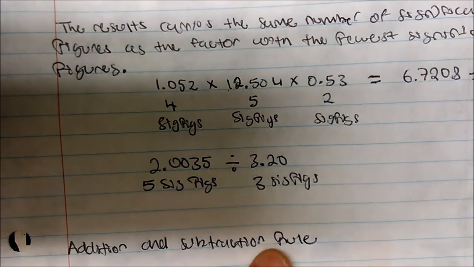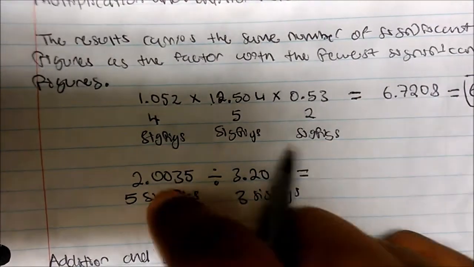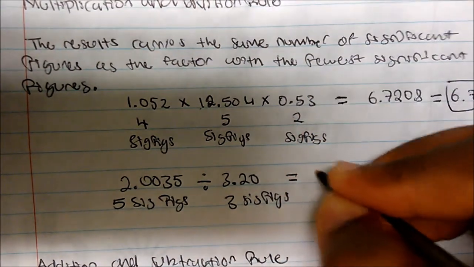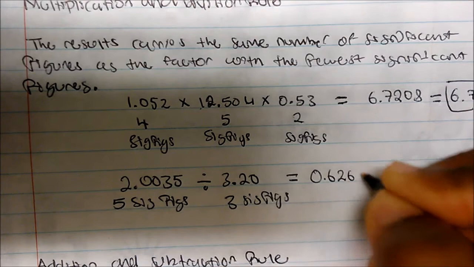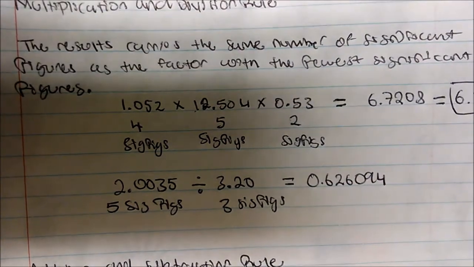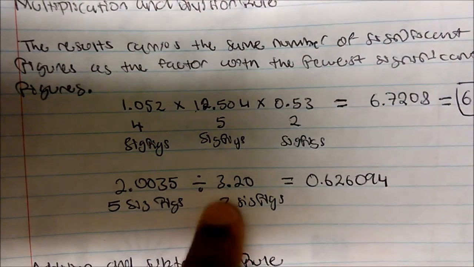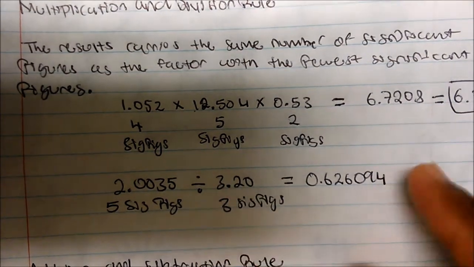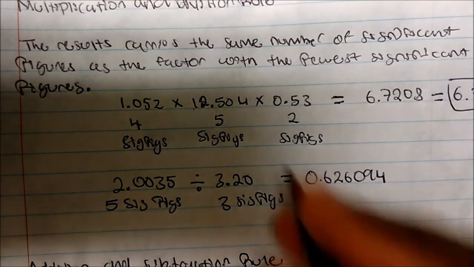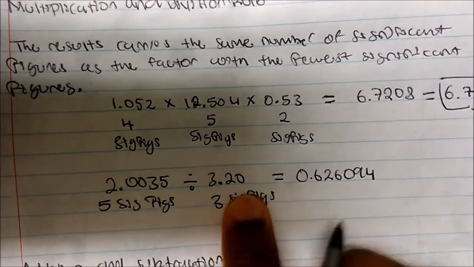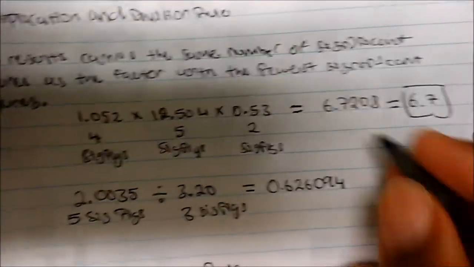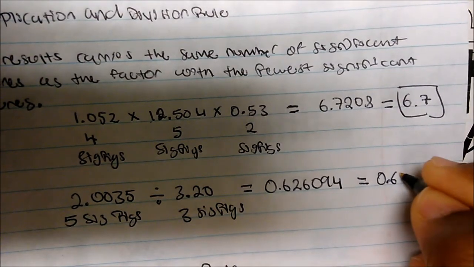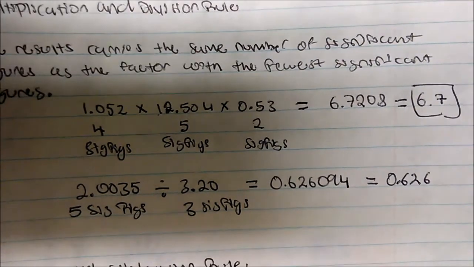If I take 2.0035 and divide it by 3.20, I get 0.626094. Because the multiplication and division rule says that the figure with the lowest sig figs determines the number of sig figs in my answer, and here the lowest is 3 sig figs, my answer shall be 0.626.